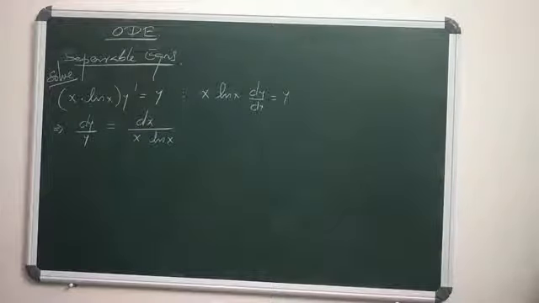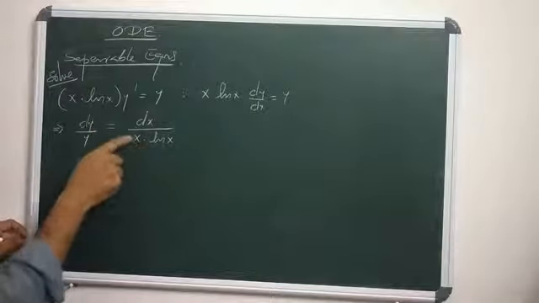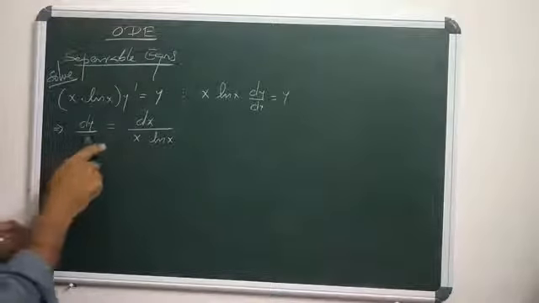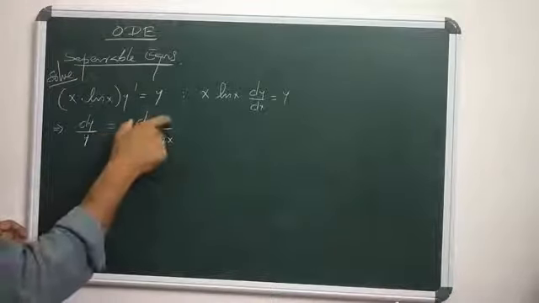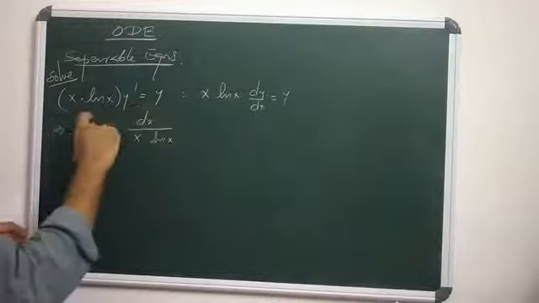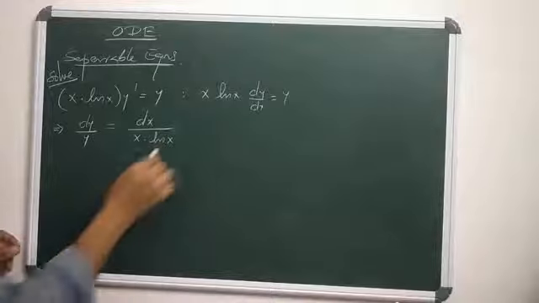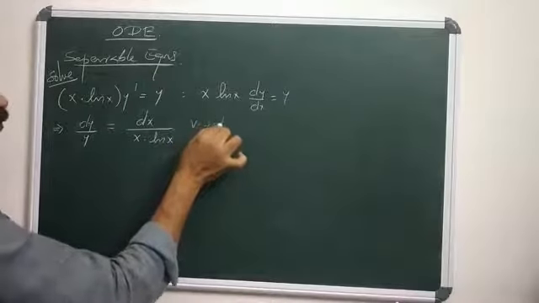This is a variable separable form. Why? Because the variables x and y are separated, so that the terms involving x and involving y are on the right and left sides only. Okay, so this is a variable separable form.